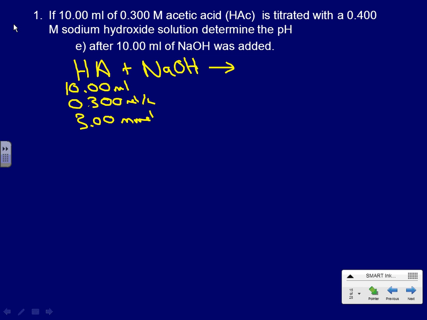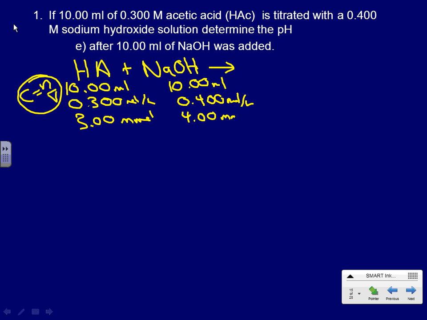This time we know we've added 10 milliliters of base. The concentration is 0.400 moles per liter. And if we multiply that C and V, using C equals n over V, we end up getting 4.00 millimoles.